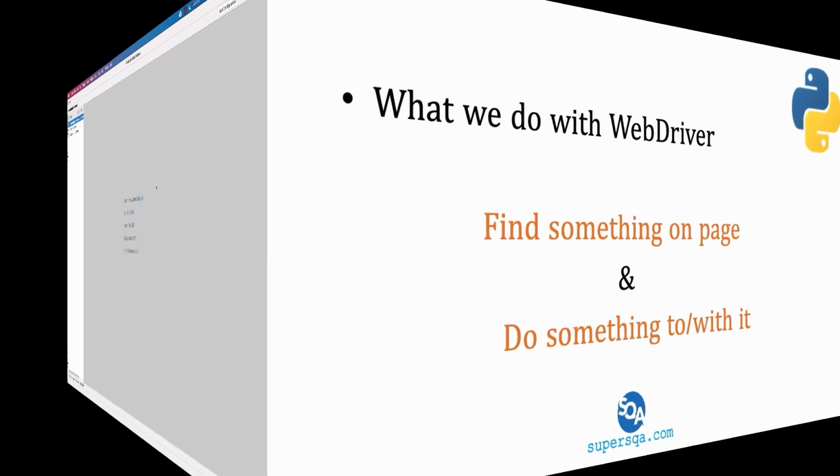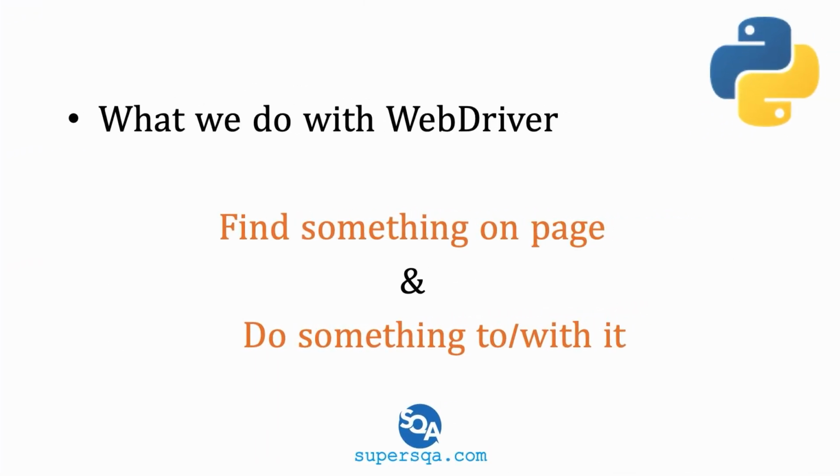So what are we doing with Selenium? On the page, we are finding elements and doing something with those elements. Find an element and do something with it or to it. Those elements are HTML elements, so it helps to understand what HTML looks like and how it functions.